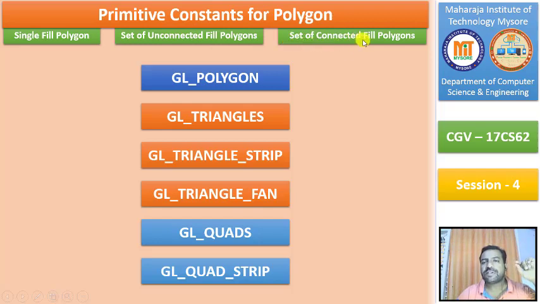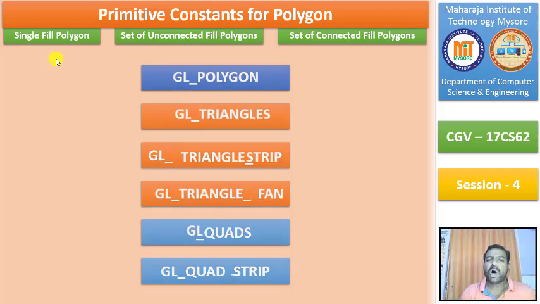We can also have a set of connected fill polygons. Hence the set of polygons can be unconnected or connected, but it is still a single fill polygon for us. Is it fine? Hence one single polygon can have n number of parts, sections or sectors.